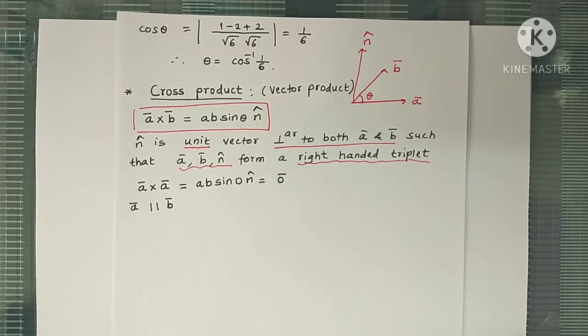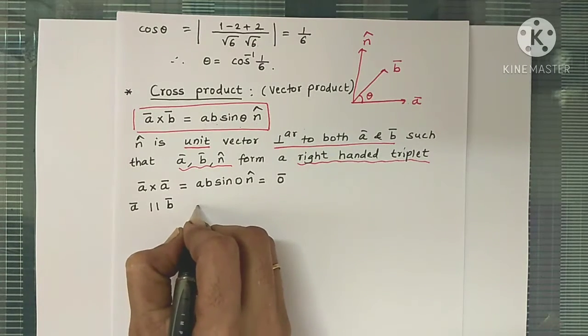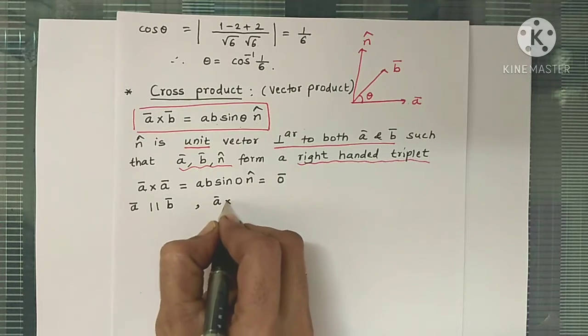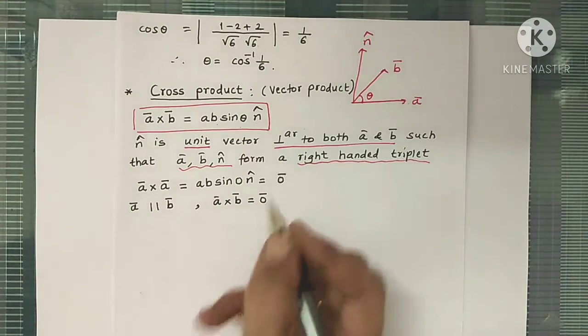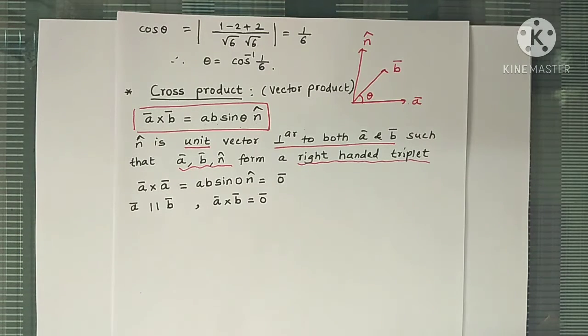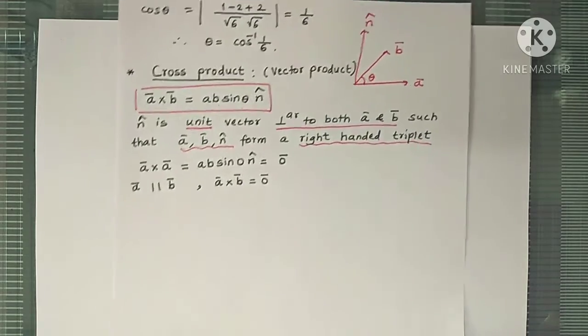So here we are considering non-zero vectors A bar and B bar, and if they are parallel, then their cross product is the zero vector. So this is another way of proving that two vectors are collinear. The first one was that we prove one vector is a scalar multiple of the other. So we have one more method now to prove parallel or collinear vectors: we can prove their cross product is the zero vector.